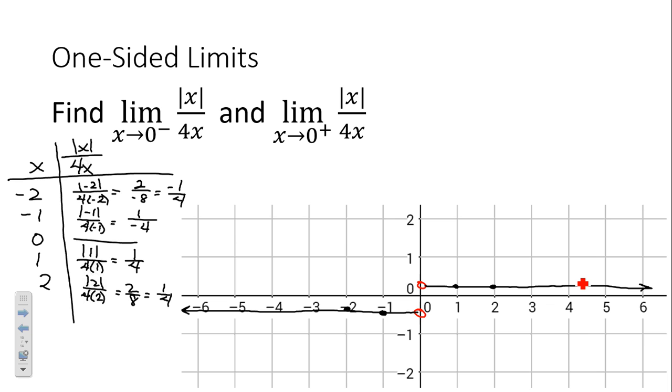What's it approaching? Negative 1/4. And what's the limit as x goes to 0 from the right of the absolute value of x over 4x? Positive 1/4.